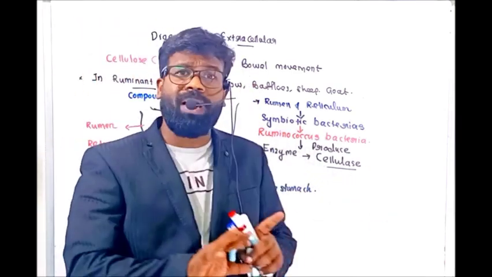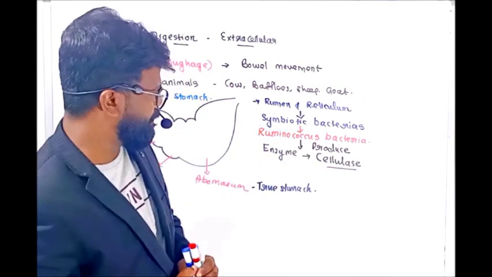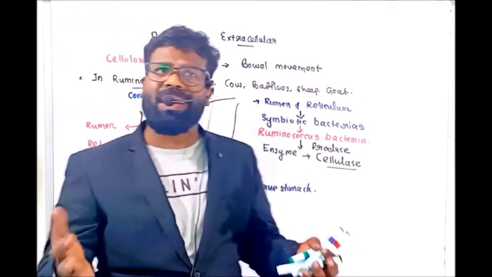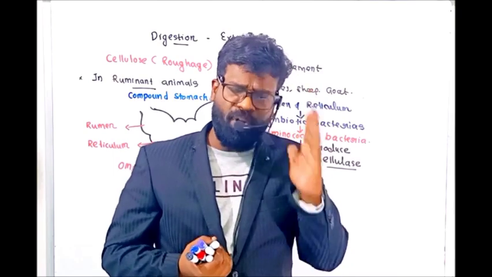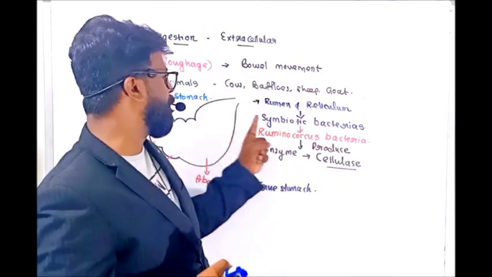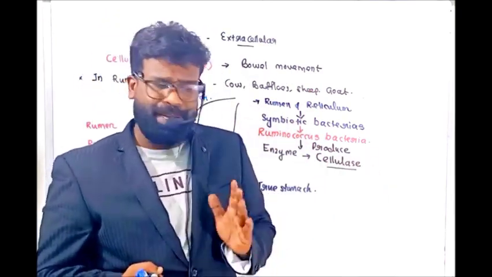This enzyme cellulase is absent in animals. So how does this cellulose digestion take place? It is only with the help of these symbiotic microbes, in animals, not in humans.